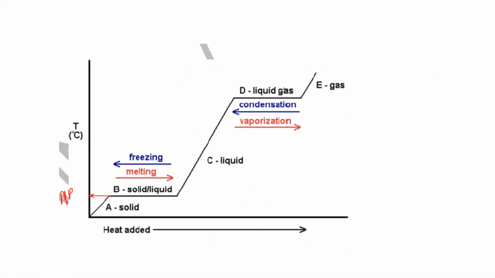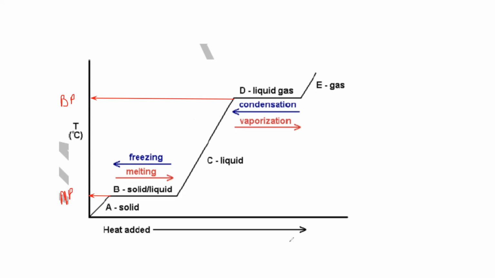And when a liquid is turning into gas, you will draw a horizontal line to the temperature axis, and that will be the boiling point. So from this graph, you should be able to work out the boiling point or the melting point of a substance.